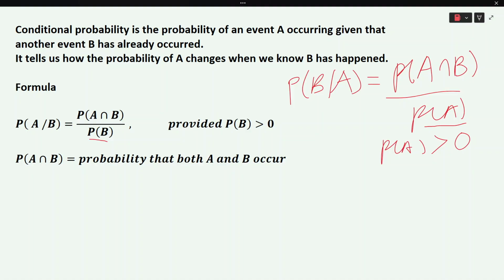So the whole idea about conditional probability, I have a Venn diagram here.